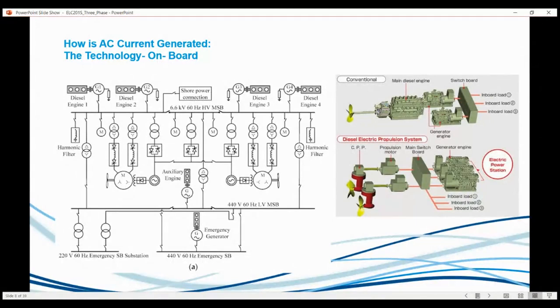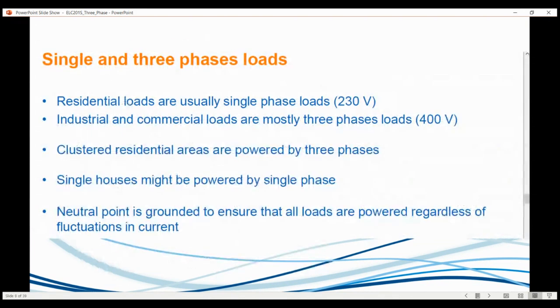And then sometimes it gets stepped down further to maybe 220, as you can see at that substation. So we've got a few setups over here, and this is on board a ship. We even have your propulsion, and how they're connected in star, azimuths, bow thrusters and all of that.